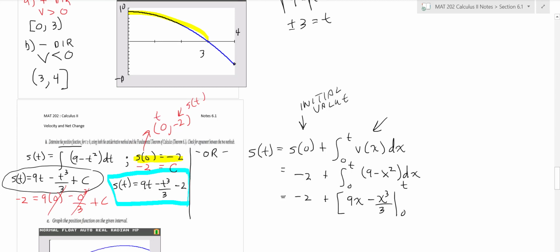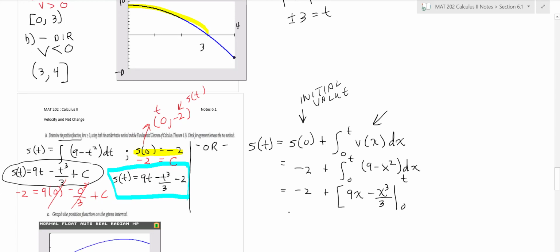And then there's hardly much more to do. We'll get the same answer. See, that -2 gave you c. So this would be -2. Now evaluate, plug in the t, you would have 9t minus t to the third over 3 minus, plug in the 0, so it would be 9 times 0 minus 0 cubed over 3.